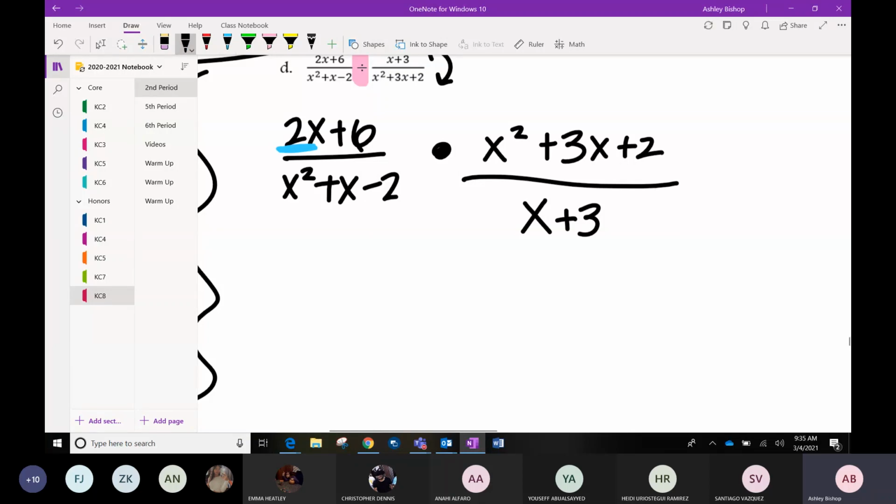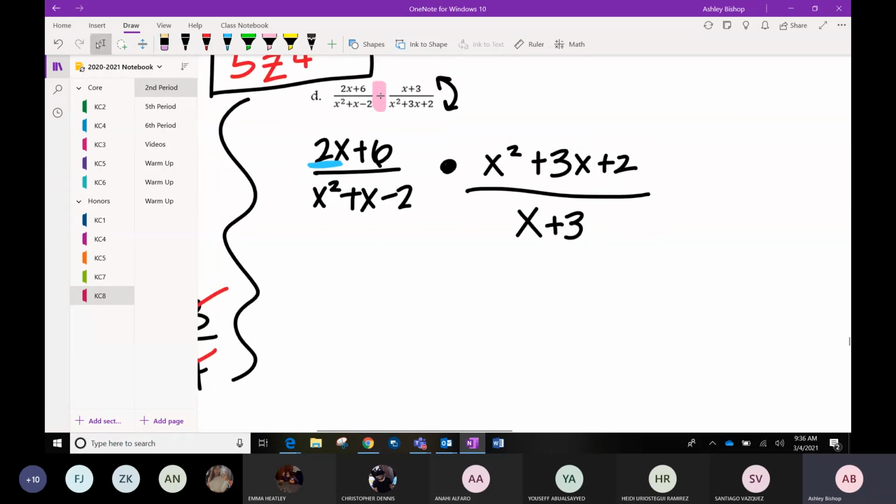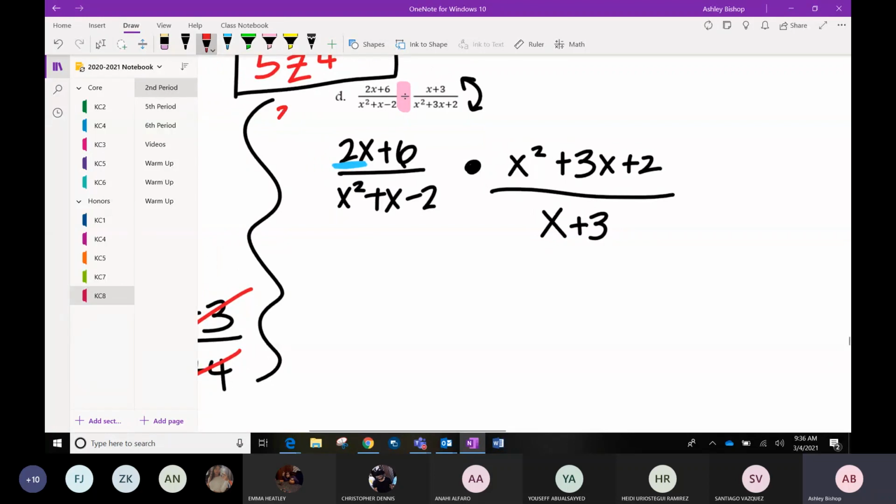I notice that I can take a 2 out of both of these things, 2x plus 6. So you should try to get rid of that number in front of that x.